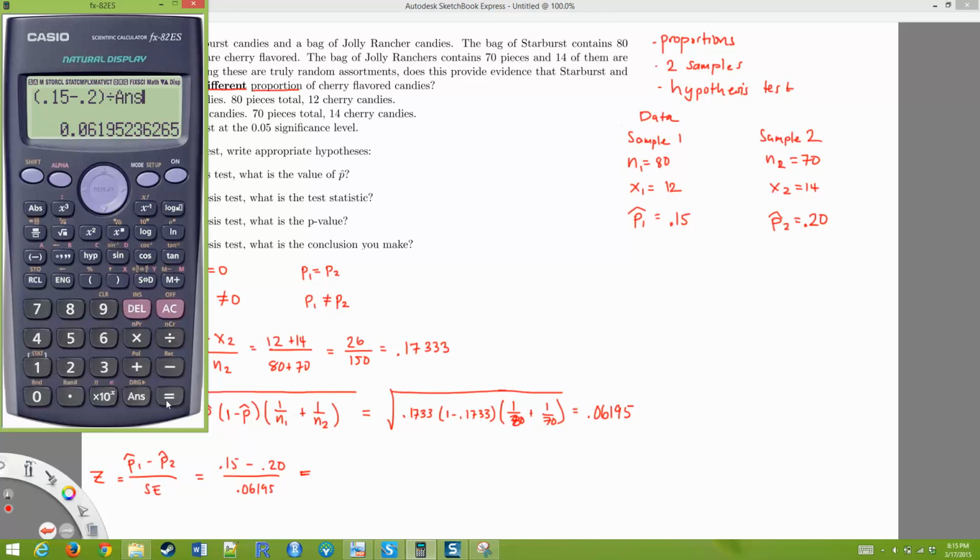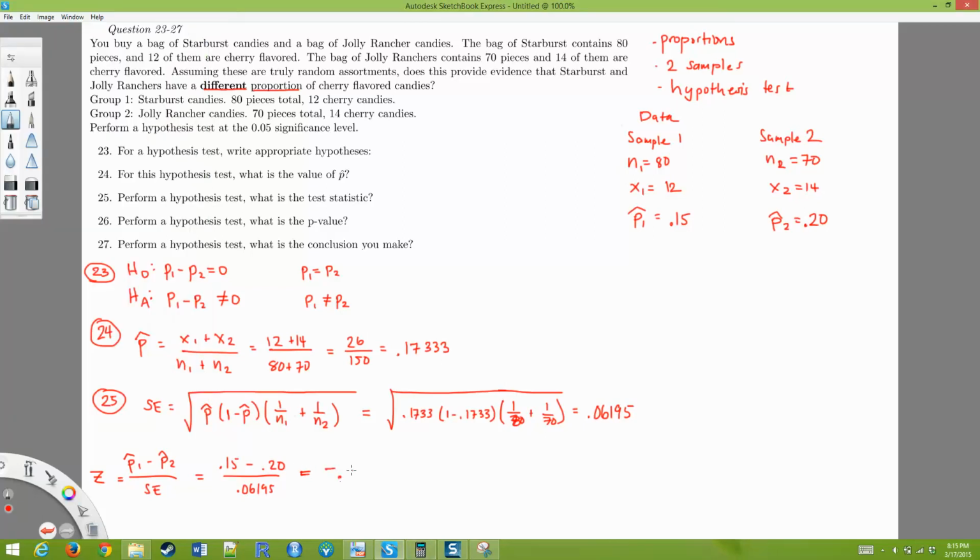I get negative 0.0807. Okay, so that is my test statistic, number 25. Test statistic, negative 0.807.